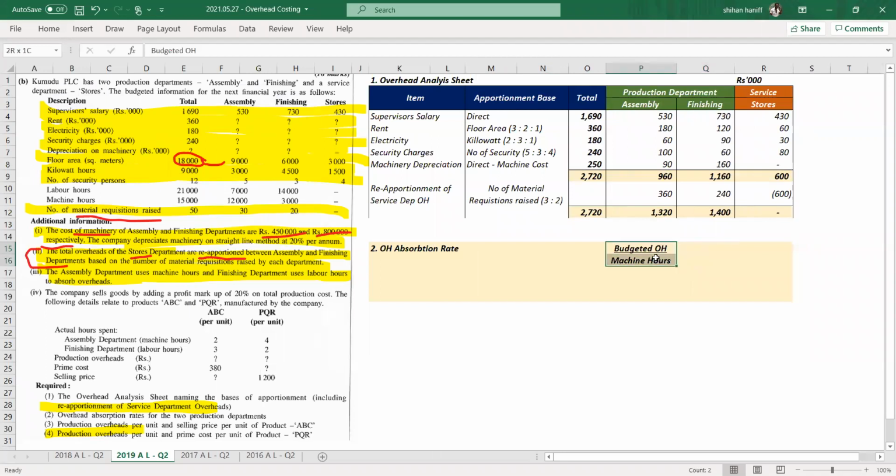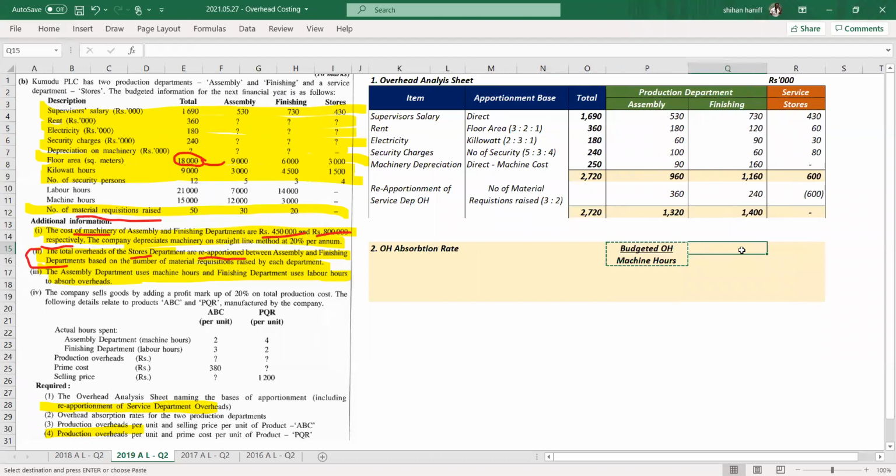Okay. Budgeted overhead divided by machine hours. The finishing department, budgeted overhead divided by labor hours. Assembly and finishing overhead absorption rate.